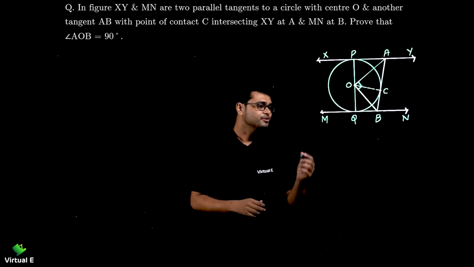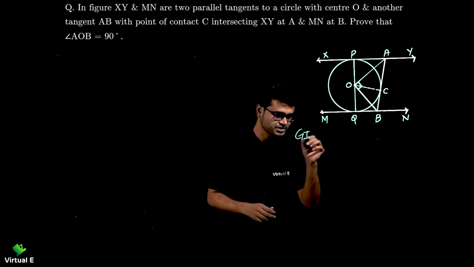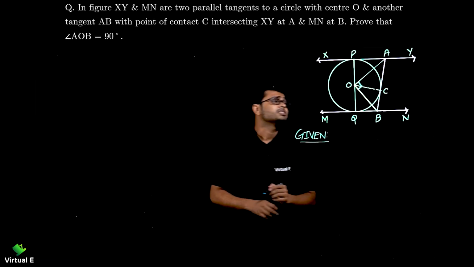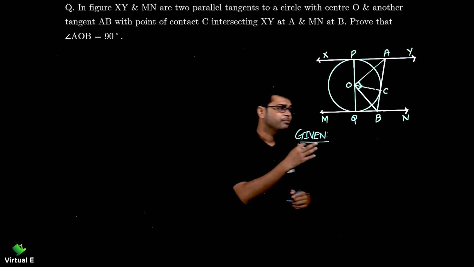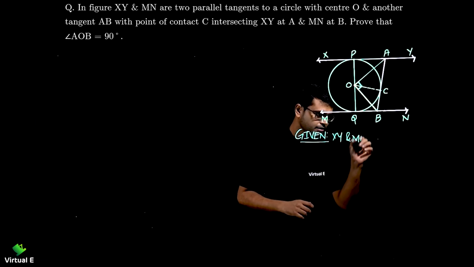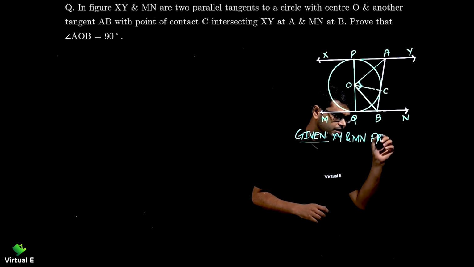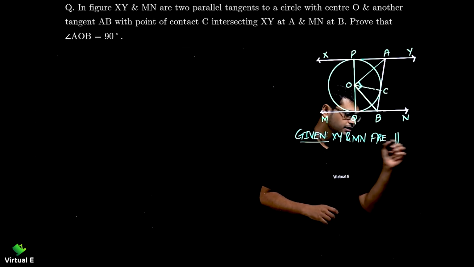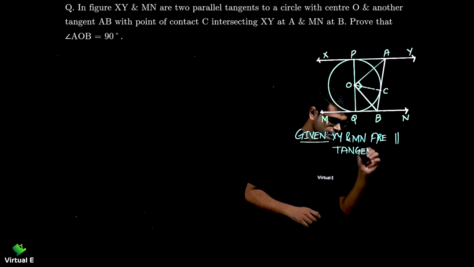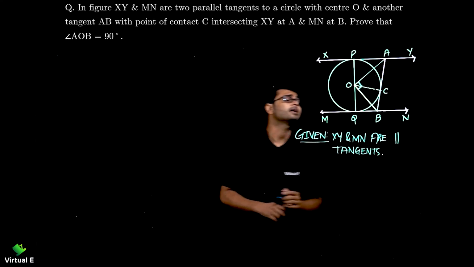Let's start. No worries. First of all, let's write what is given. XY and MN are parallel tangents. Anything else can we write?